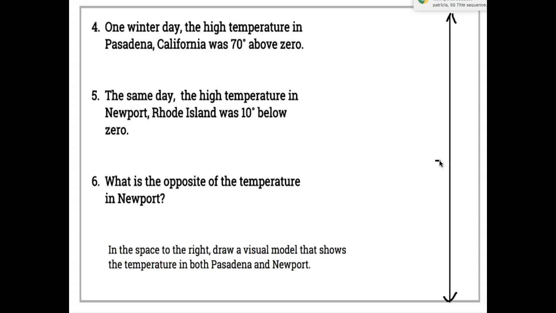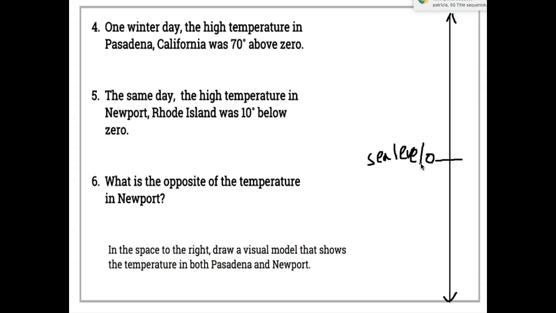Remember, sea level is at 0. So put 0 and label that sea level. I don't want you just to put a 0. I want you to put what that 0 represents, sea level, when we're talking about elevations.